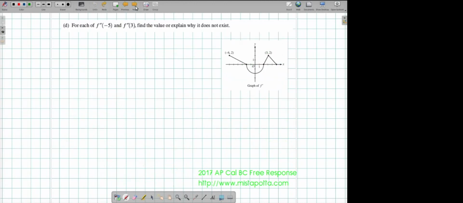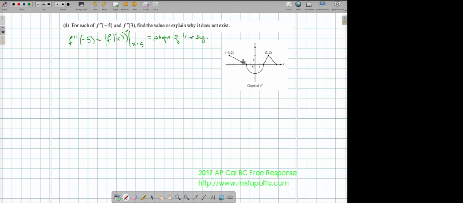And then finally on part D, it says for each of f double prime of -5 and f double prime of 3, find the value or explain why it doesn't exist. Keep in mind that when I'm talking about f double prime of -5, I'm really talking about f prime of x's derivative at x equals -5. But for us, this is equal to the slope of the line segment.